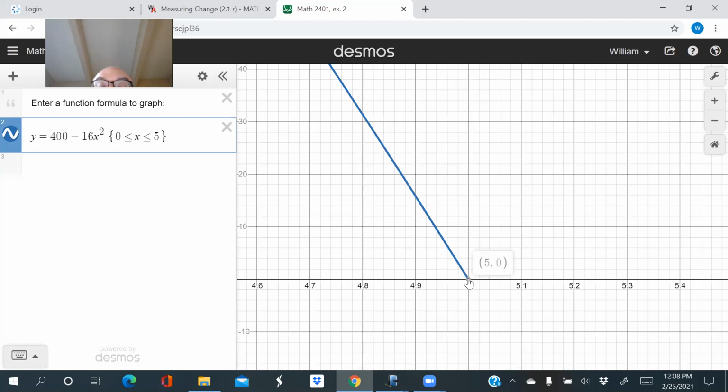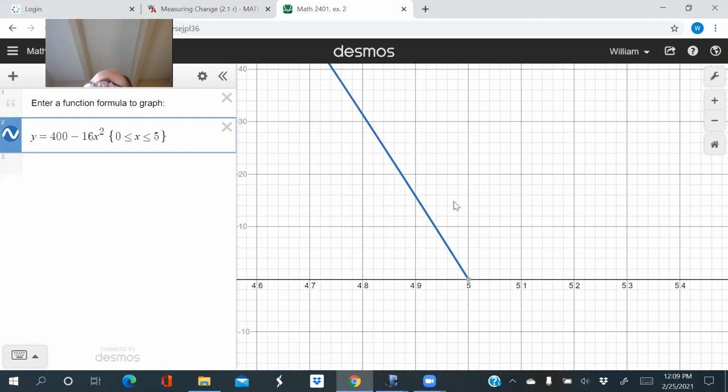Let's see if we can find another point that we like. What about right here at 4.9? Let me click on that and see if I can get really close to it. There it is. Desmos says there is 4.9. So the output that matches 4.9, in other words the height of the screwdriver after 4.9 seconds, was 15.84 feet.